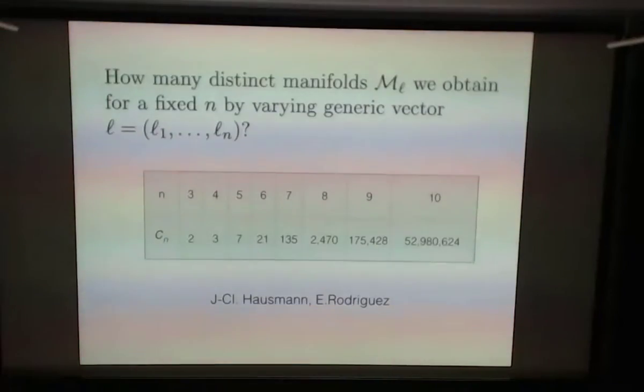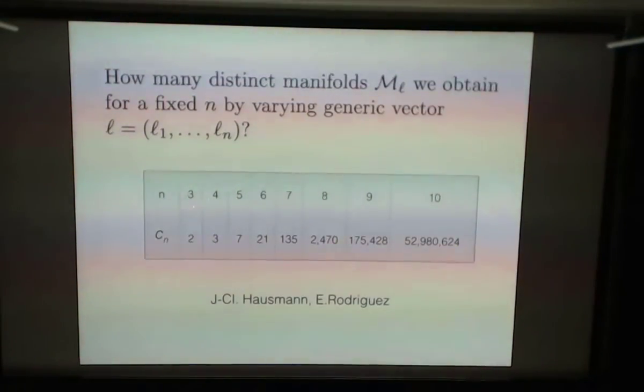So let's go to the next slide. What happens when n is large? This table is taken from a paper by Hausmann and Rodriguez, and it shows the numbers. The Cn is the number of different manifolds which you obtain varying L. Fixed n, but you take different vectors L, how many different manifolds you can obtain.